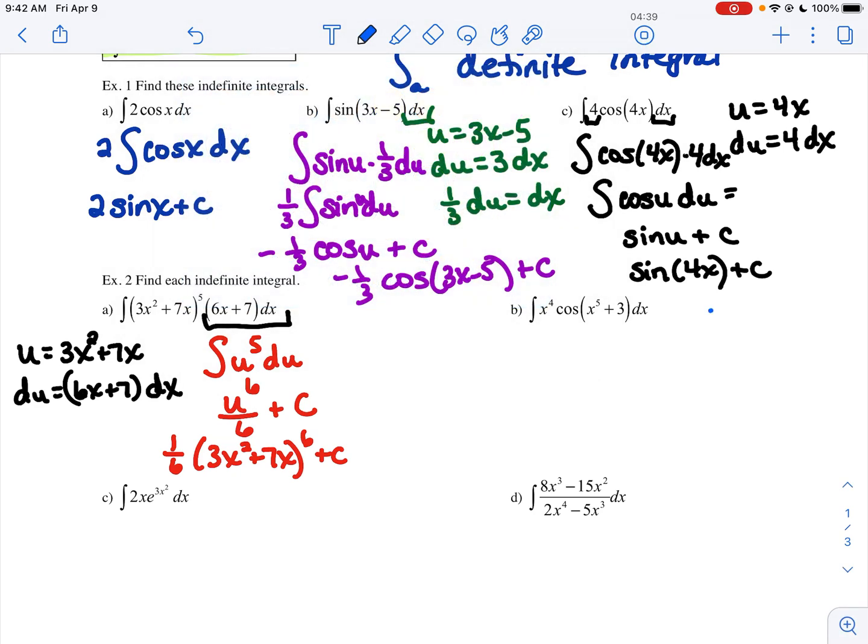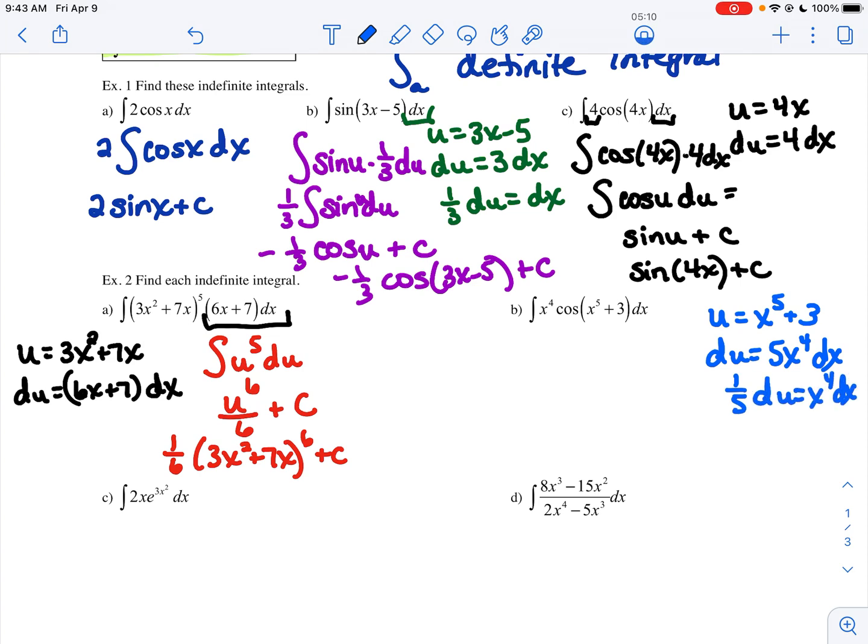All right, let's go ahead and look at the next one. Letter B. U is going to be the inside function. So if you're wondering, how do you know what u is, typically your inside function. So if I let u be x to the 5th plus 3, du is 5x to the 4th dx. You want to scan through the integral. Do you see a 5 with the x to the 4th or a 5 anywhere? No, you don't. So that's when you know to divide it out.